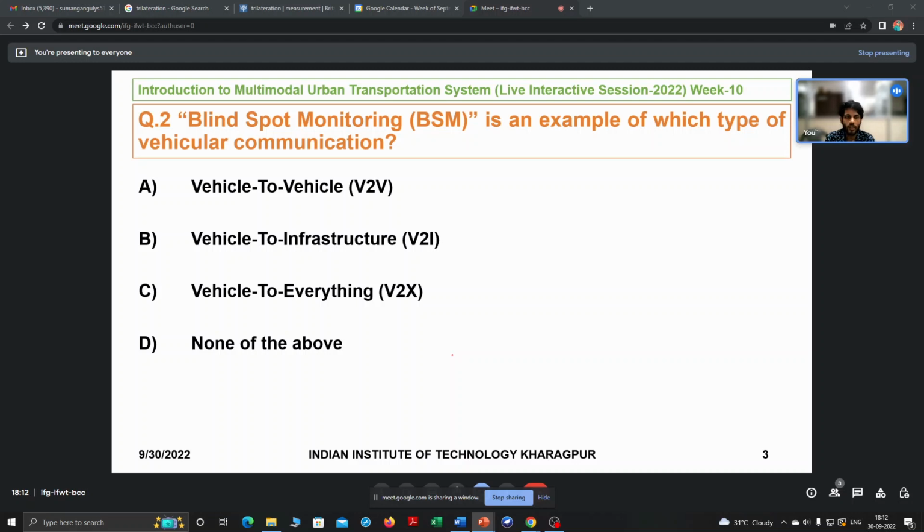So basically, what is a blind spot? I am giving you the clue. If you want to see the rear end of the vehicle, generally drivers in a car look at the mirror and try to see if something is there on the rear side, or the back side.